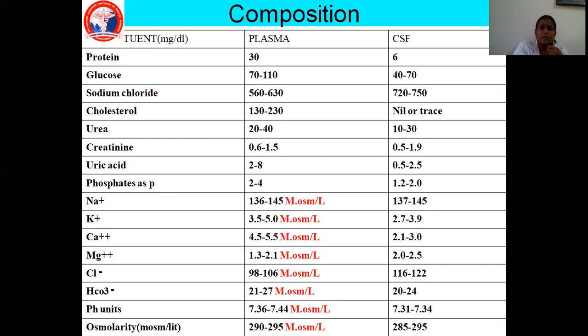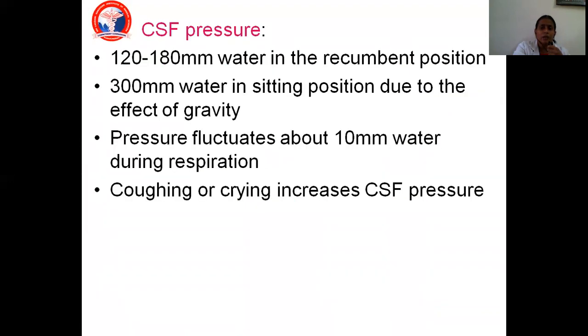Sodium is more in the CSF, and uric acid is very low compared to plasma. Potassium ion is less compared to plasma. Calcium ion is also less compared to plasma. Chloride ion is more compared to plasma, and the osmolarity is similar to that of the plasma.